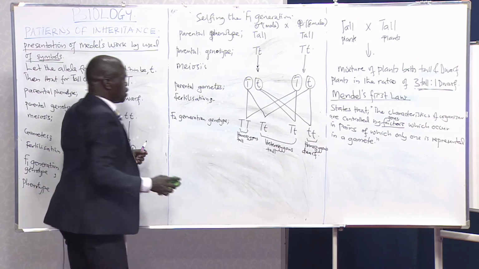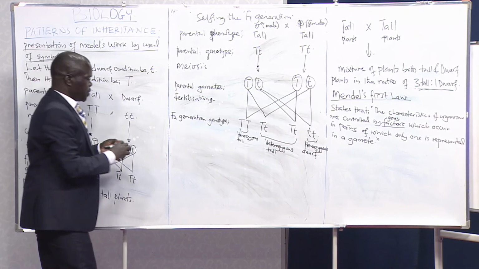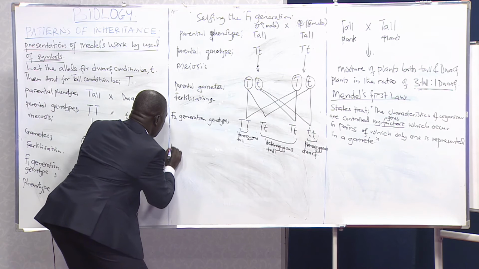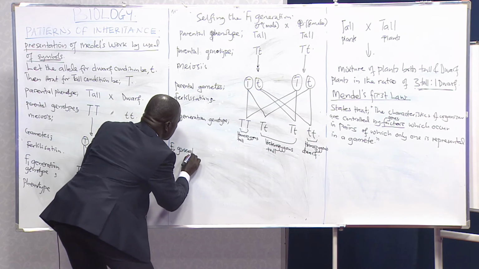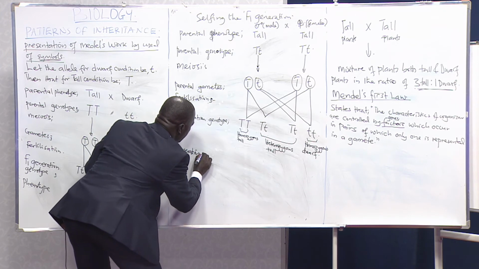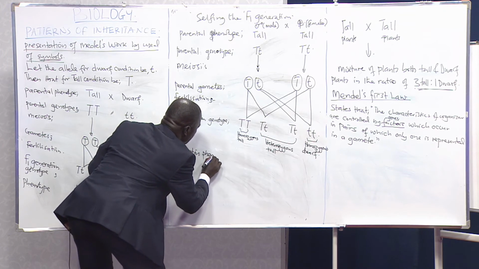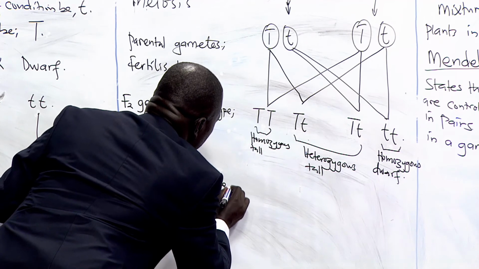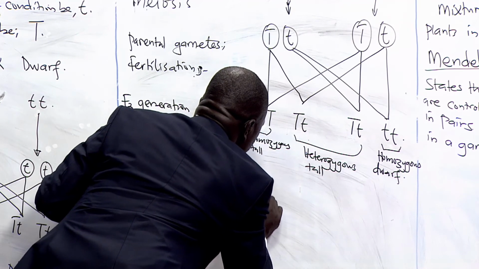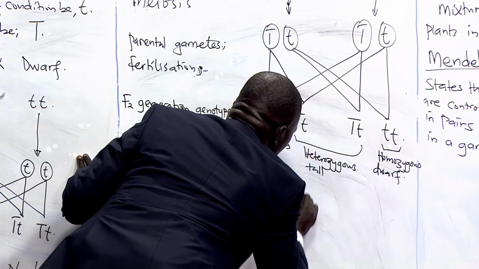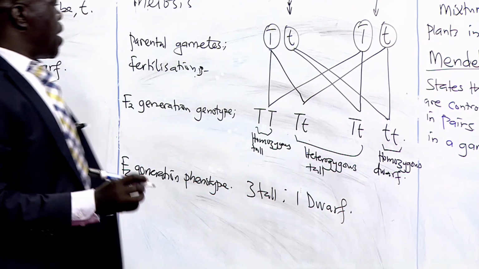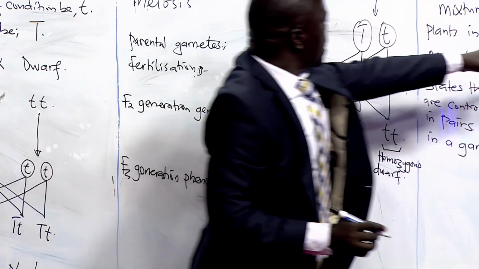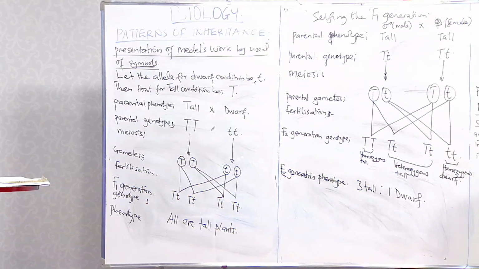So if you look at the ratio of tall to dwarf organisms in the F2 generation phenotype, we are going to have 3 tall to 1 dwarf. That is the ratio we have got, the ratio which Mendel got.